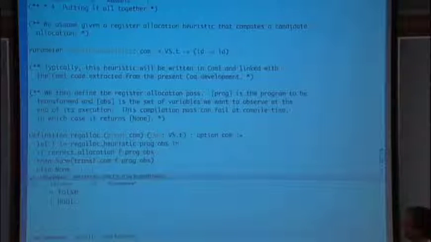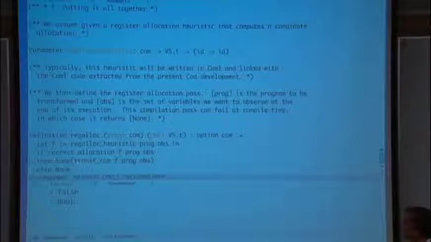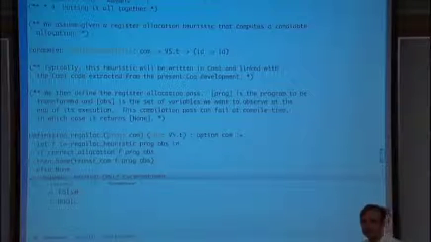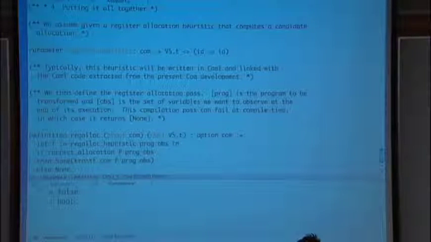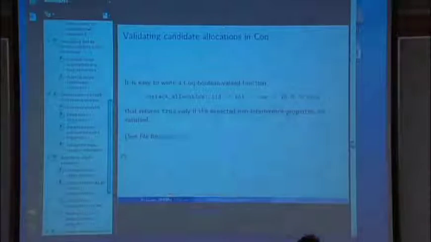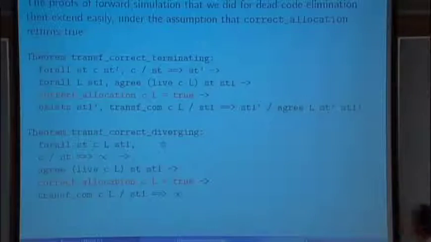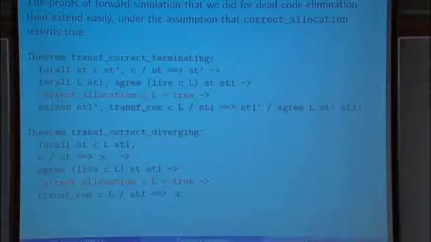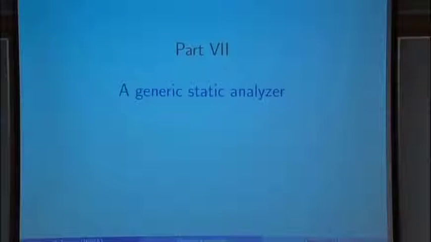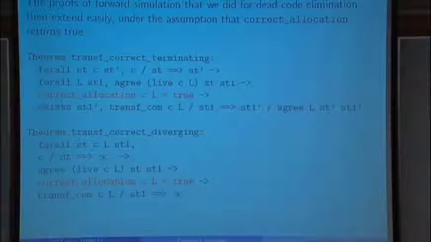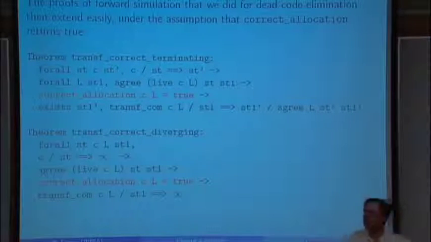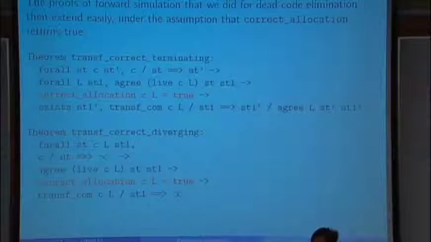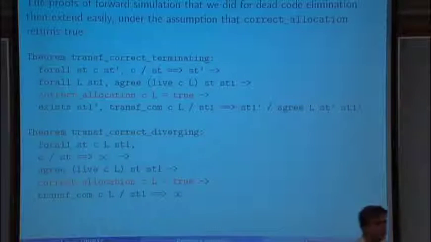If so, transforms the program, and if not, signals an error by returning none. All right, so I think that concludes what I wanted to tell you about register allocation. These are the correctness theorems that we already saw in the Coq development. And that's it. So do you have questions about this part before we move on to other topics?